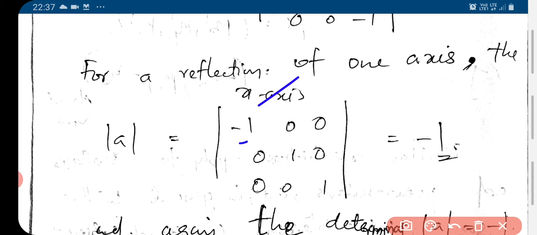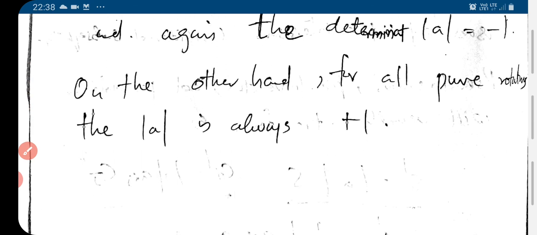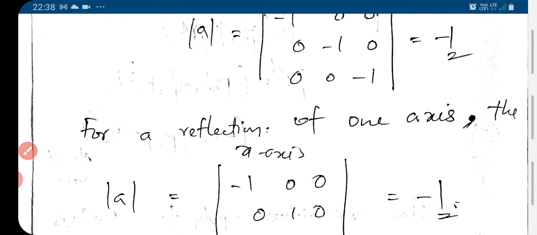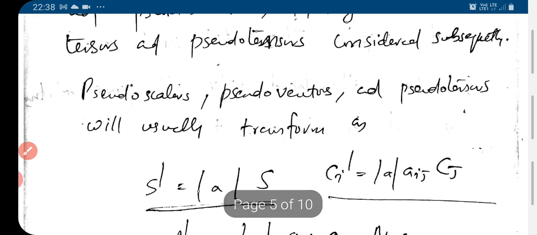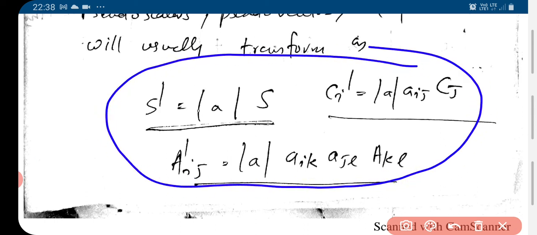For inversion, if you take the determinant, its value will be equal to -1. But for rotation, the determinant is always equal to +1. So this determinant will be equal to -1, and pseudo tensors transform like this.